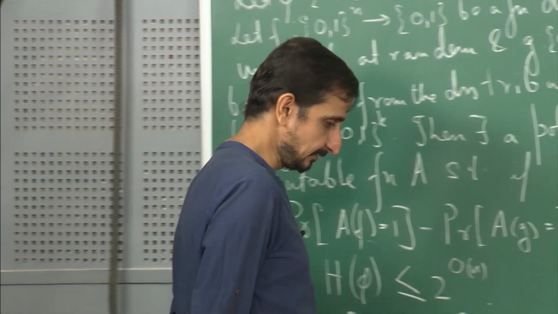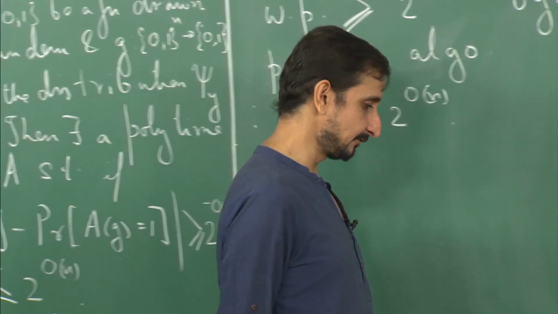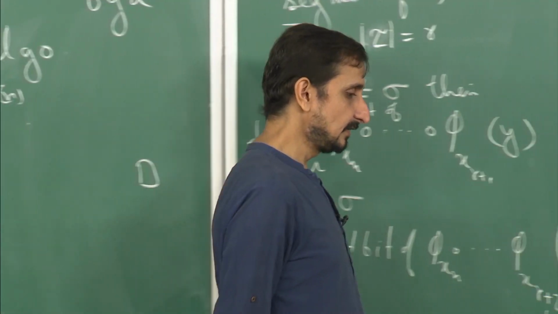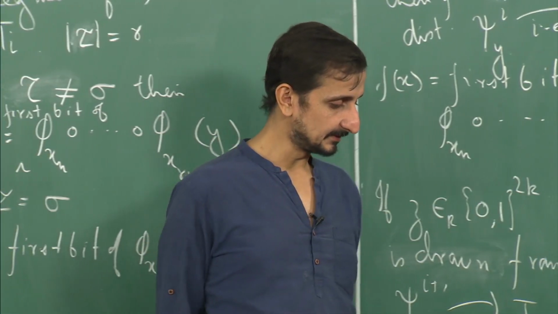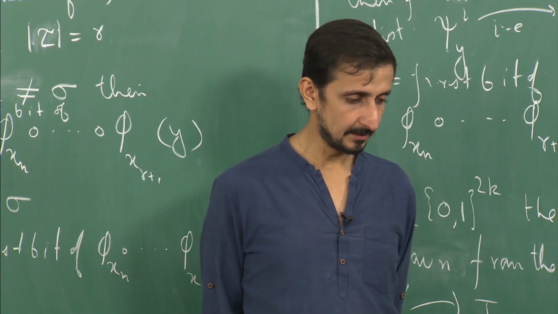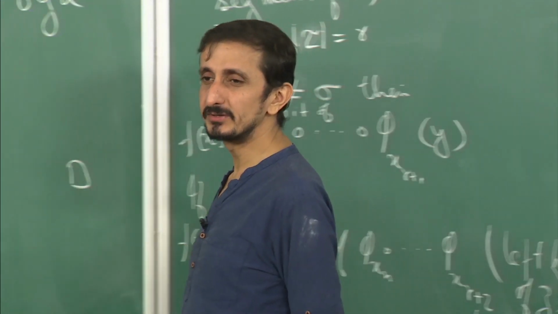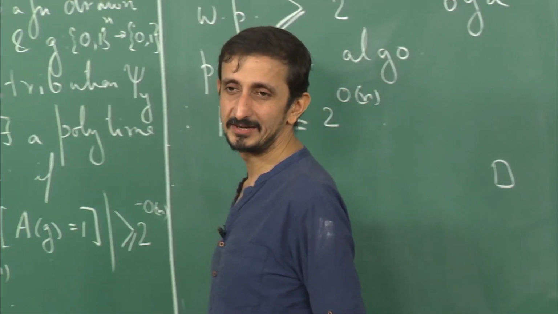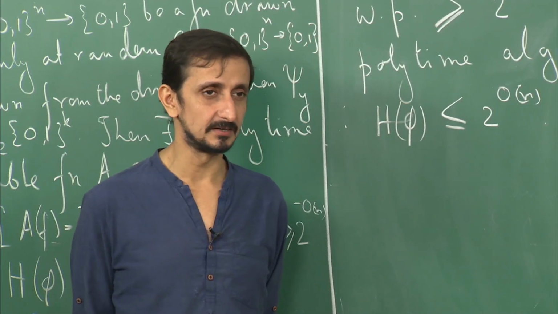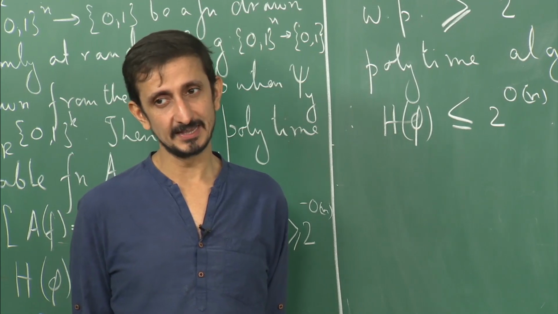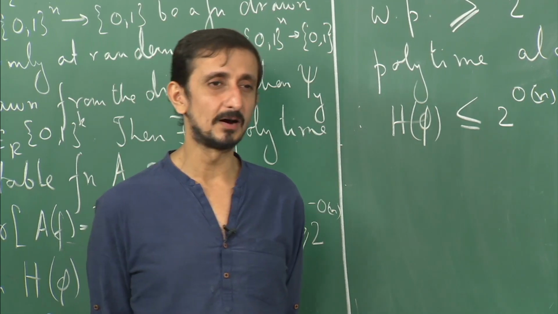Okay, so just to give a quick recap of whatever we have seen in this course. We started off with lower bounds on circuit size. Essentially we saw Shannon's lower bound, that is there are a large number of functions which have circuit size at least 2 to the power n by n.